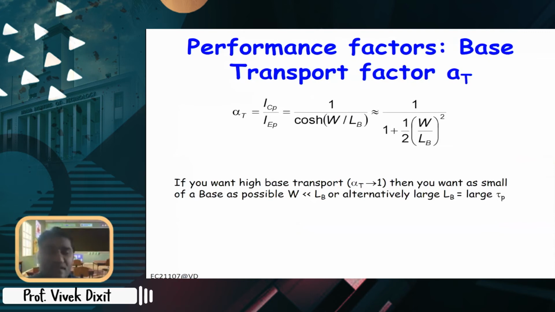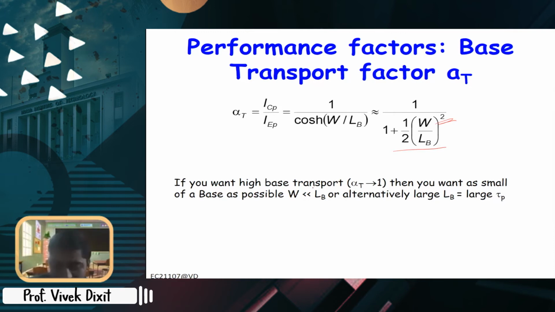Similarly, the transport factor is 1 over cos hyperbolic, so 1 over 1 plus W by LB square, half, and for alpha T to approach 1, again W has to be small. Now we cannot make W arbitrarily small because then there will be no base and no base action, right?